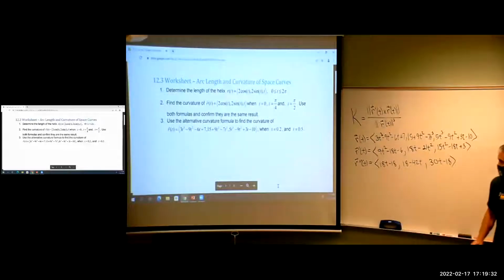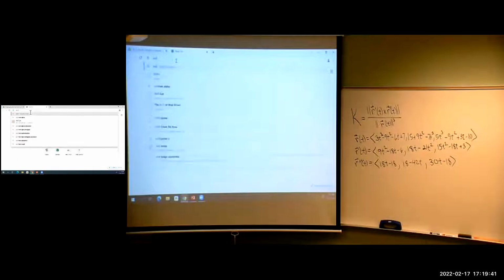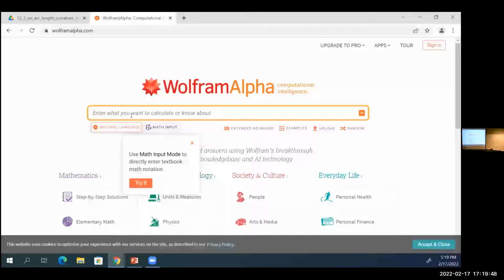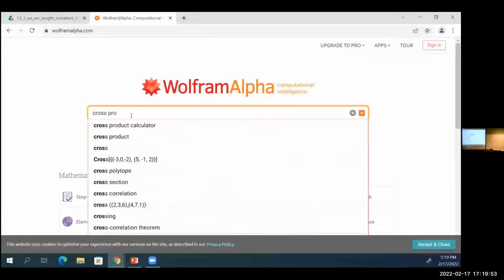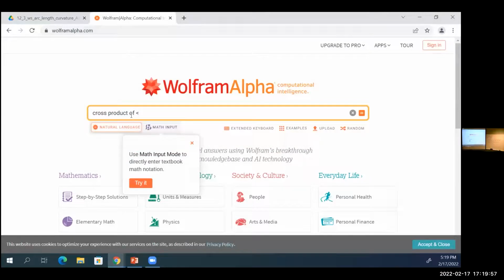That is something we can do in Wolfram Alpha, and let's just see what that would look like. What you can do, and this is kind of a nice thing, is put them in with just 0.2, not both of them.